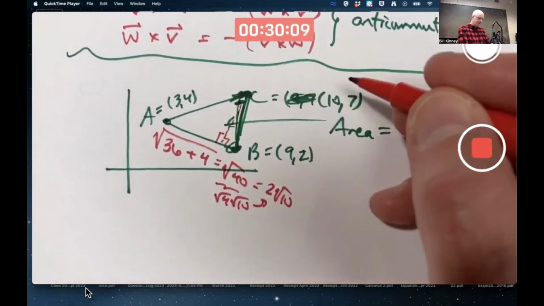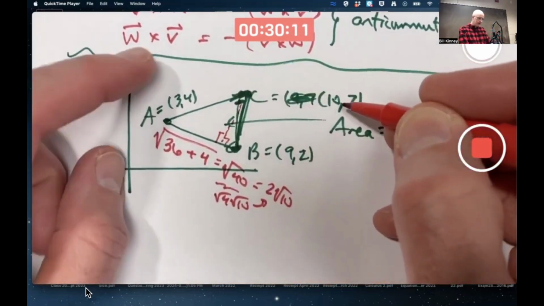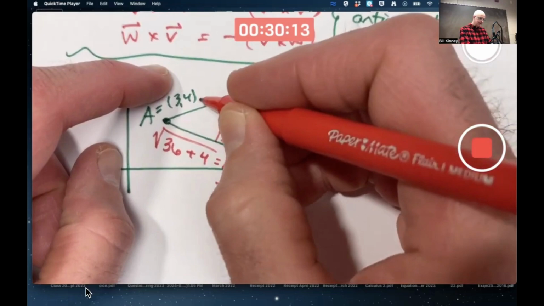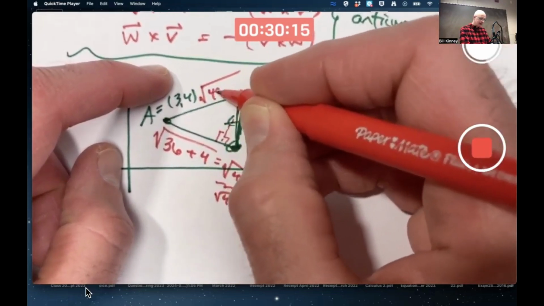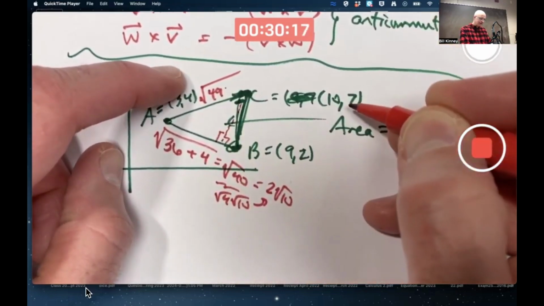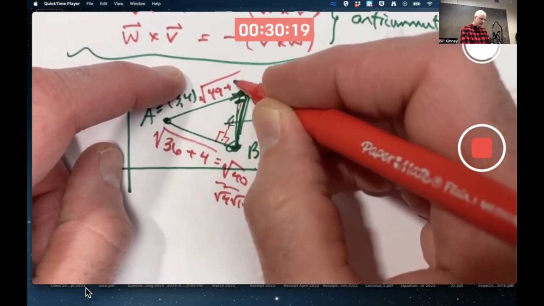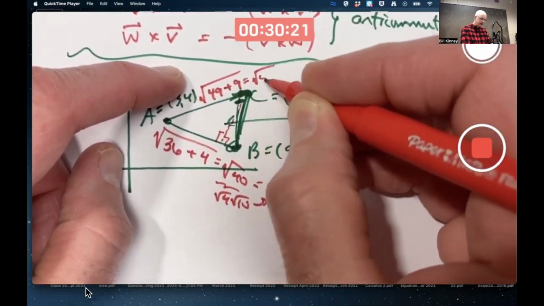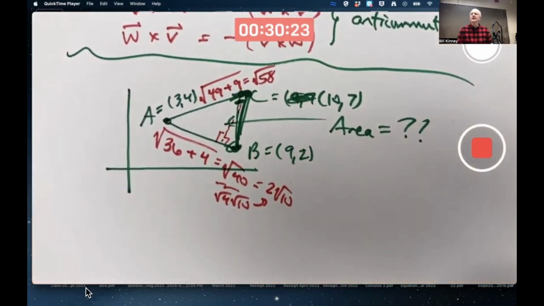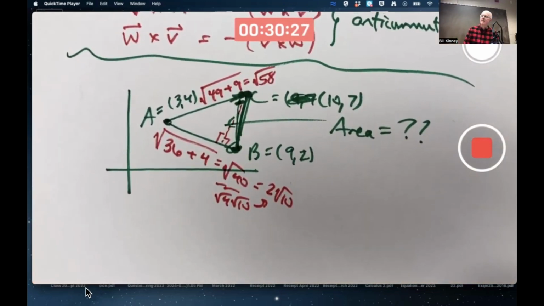For this side, 3 minus 10 is -7. -7 squared is 49. 4 minus 7 is -3. -3 squared is 9. Square root of 58. 58 is 29 times 2. That doesn't really simplify.